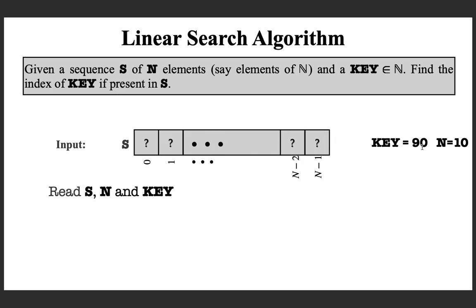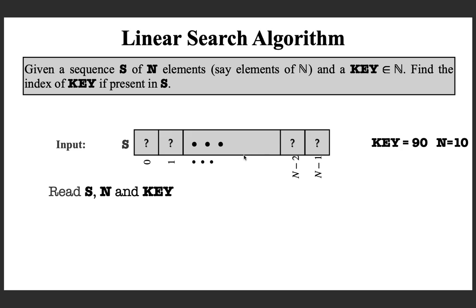Key is now given as 90. The problem is to see whether 90 is present in this sequence or not. It may or may not be present. If it is present, you have to display the solution as the index at which 90 is present. Otherwise, you have to say key is not present in the sequence.